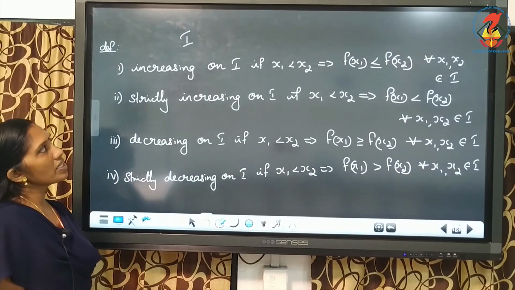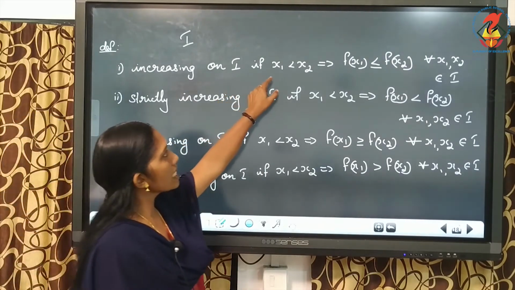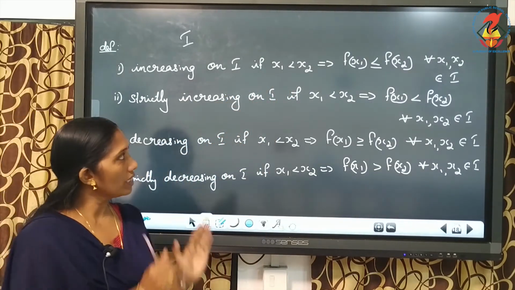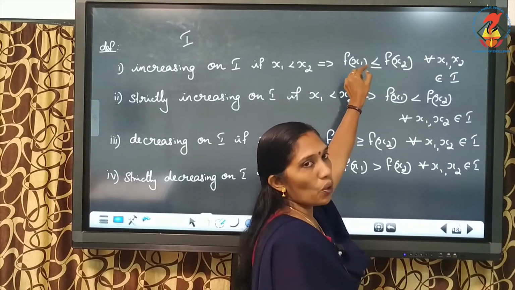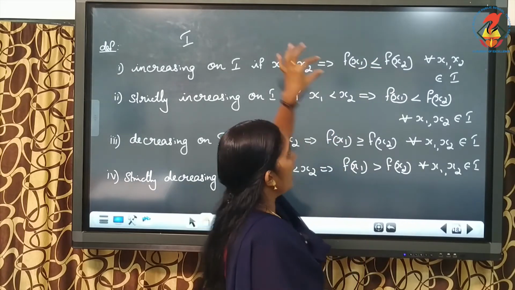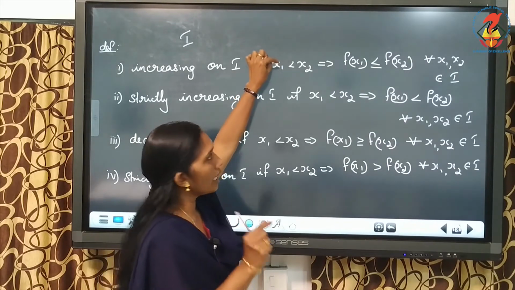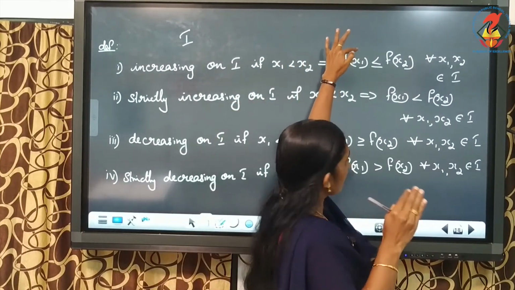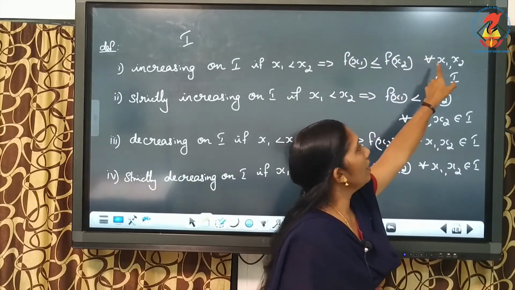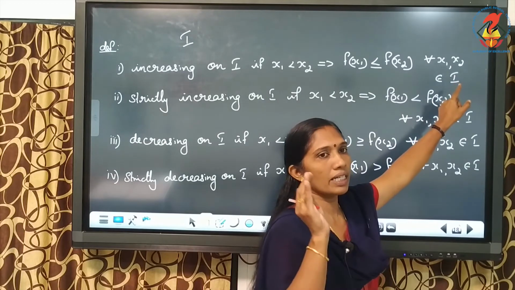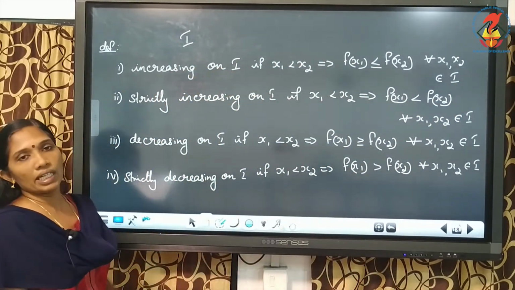Then the function f is said to be increasing on I if x1 is less than x2, x1 is smaller than x2, which implies f of x1 is less than or equal to f of x2, for every x1, x2 belongs to this I, x1 and x2 are in the domain. So, this is the definition of increasing.